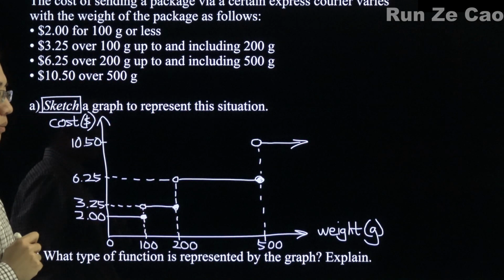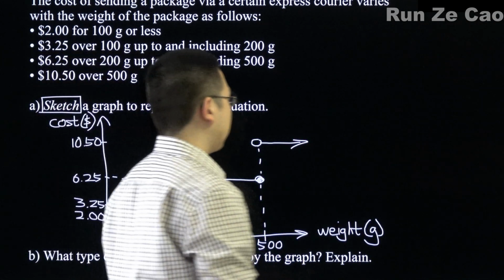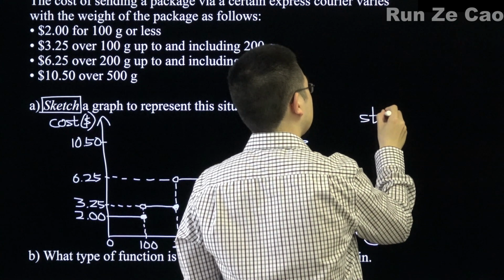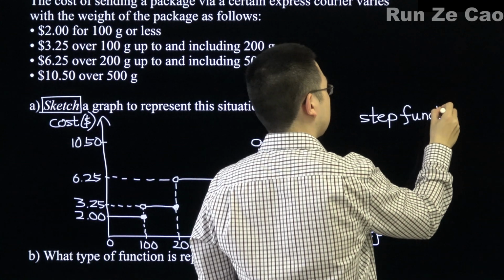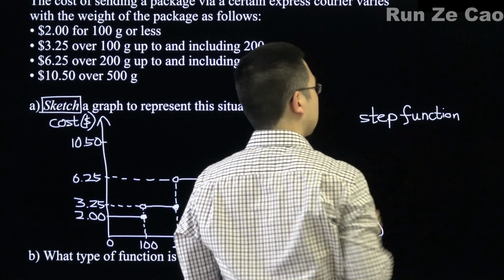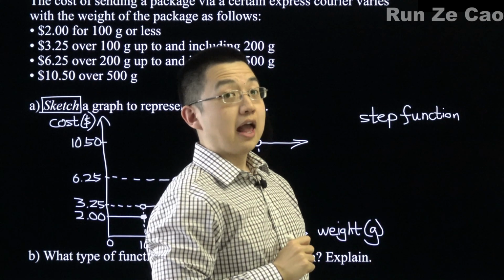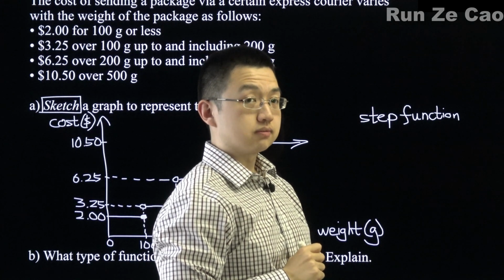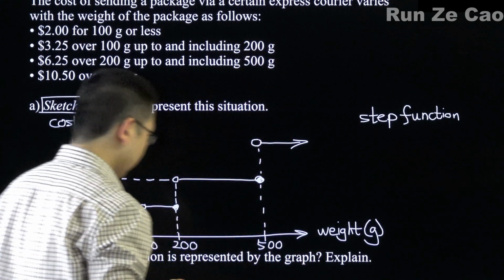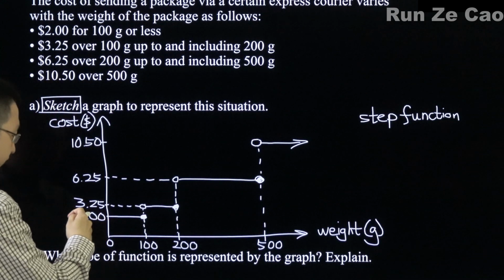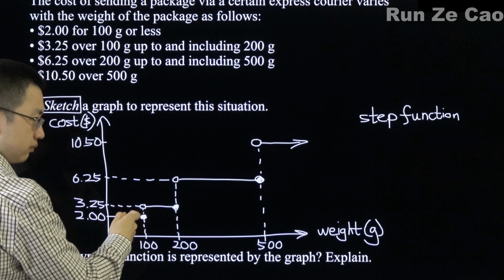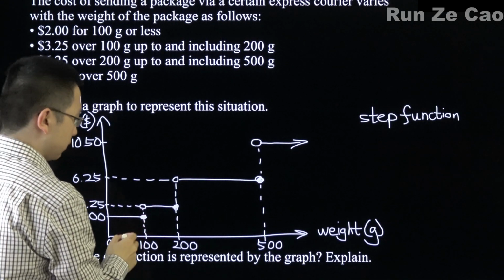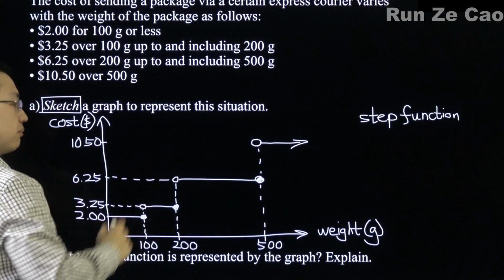By the way, it may surprise you to know that this type of step function is described as left continuous. Why? It's because coming from the left, you can reach a certain value, this threshold value, before you jump.